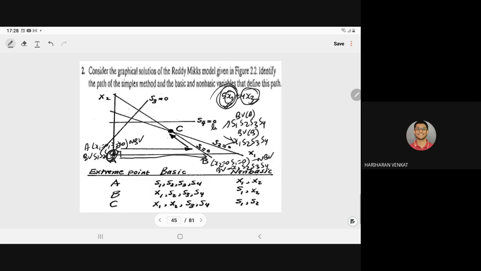It is the leaving variable because it leaves the basic variable pool. At every corner, the number of basic variables will always be 4. So here we have a replacement: one is the entering variable, another is the leaving variable.